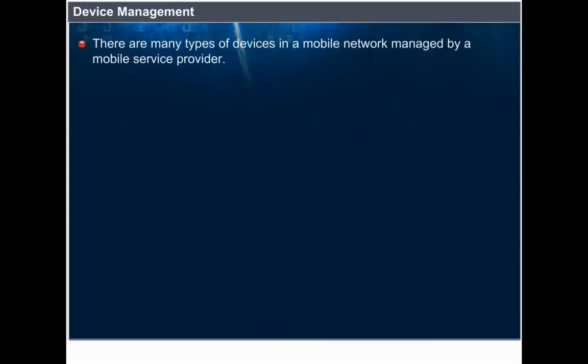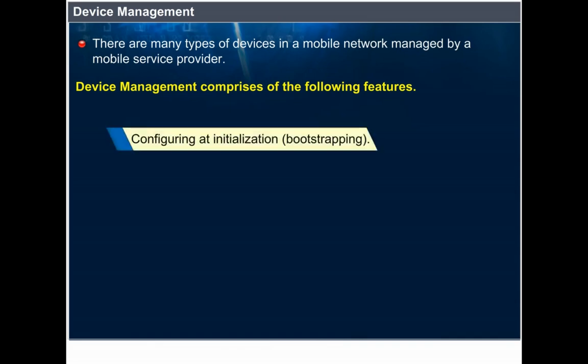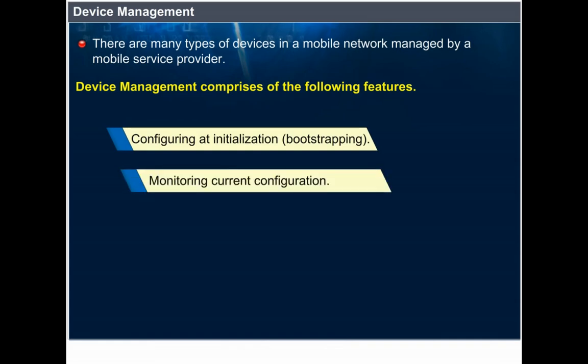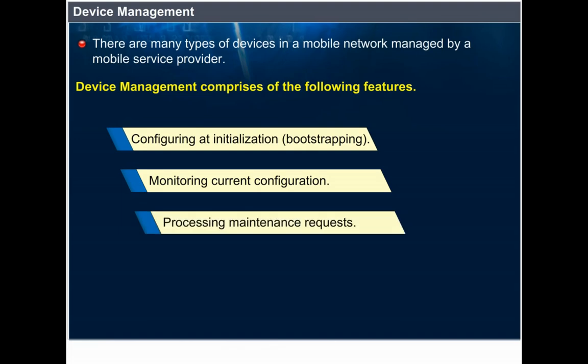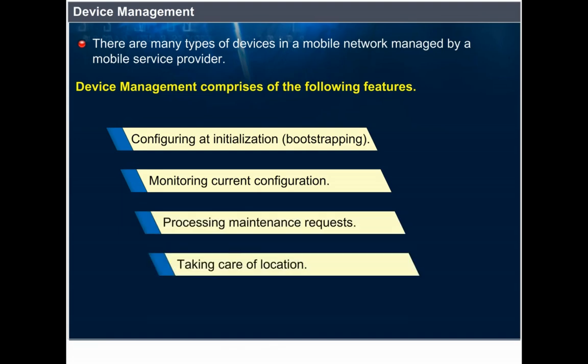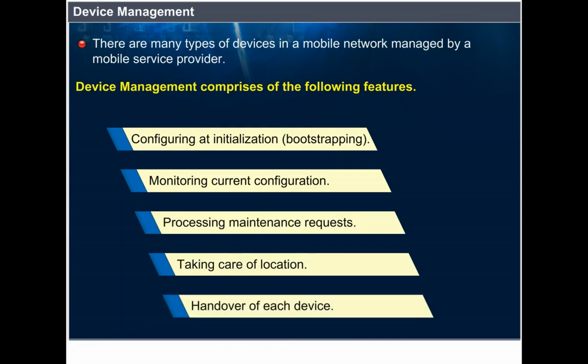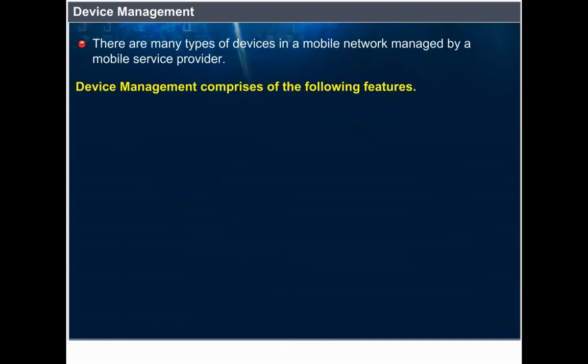Device management (DM). There are many types of devices in a mobile network managed by a mobile service provider. Device management means the following: configuring at initialization, bootstrapping, monitoring current configuration, processing maintenance requests, taking care of location, handover of each device.